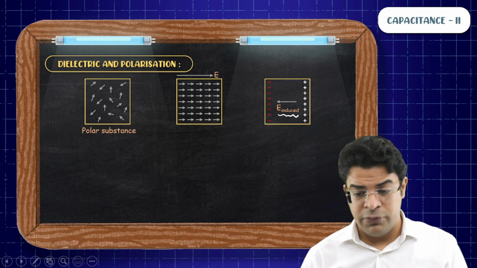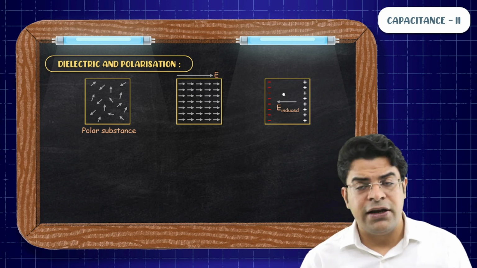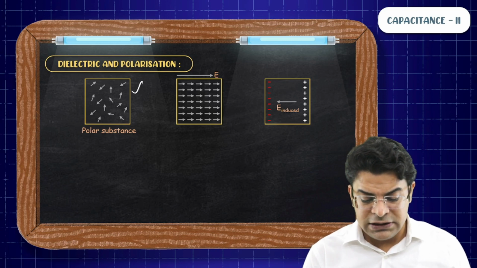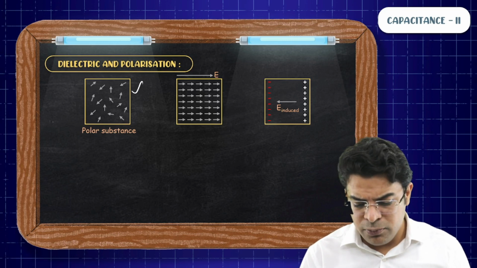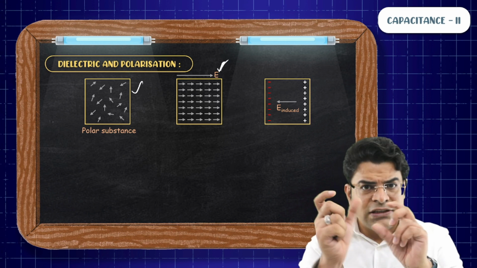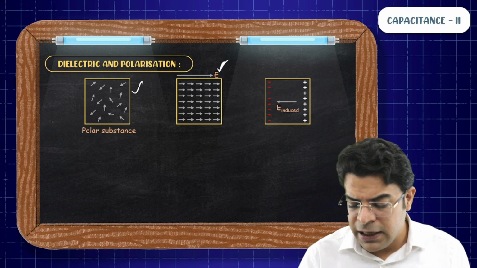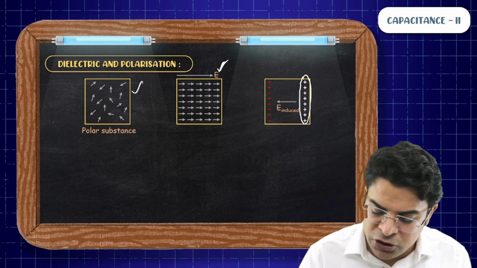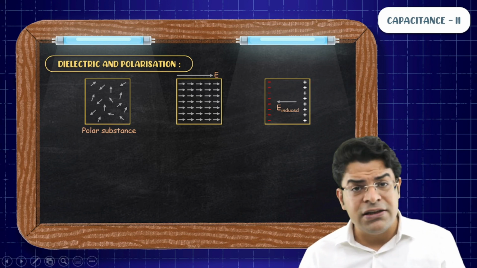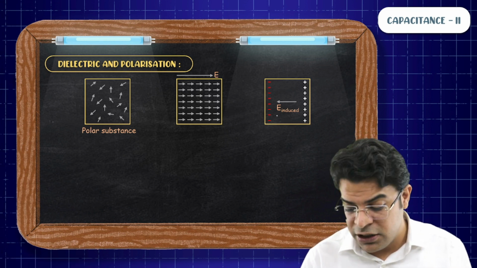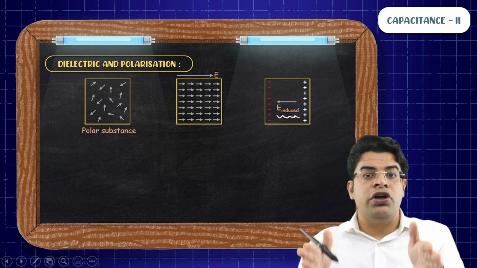So if now somebody asks you what is the net electric field at a point inside this crystal, you will say this is a polar substance, right? So when you place an electric field, a freely suspended dipole tries to align itself in the direction of field. Due to the alignment of dipoles, one surface gets positive charge, one surface gets negative charge, and within the crystal, an induced electric field is created due to the charge accumulation on its surfaces.